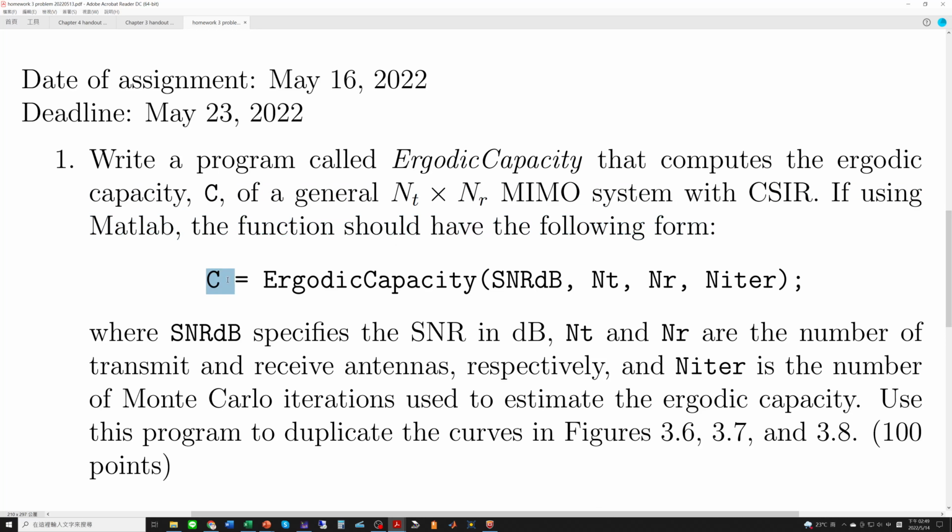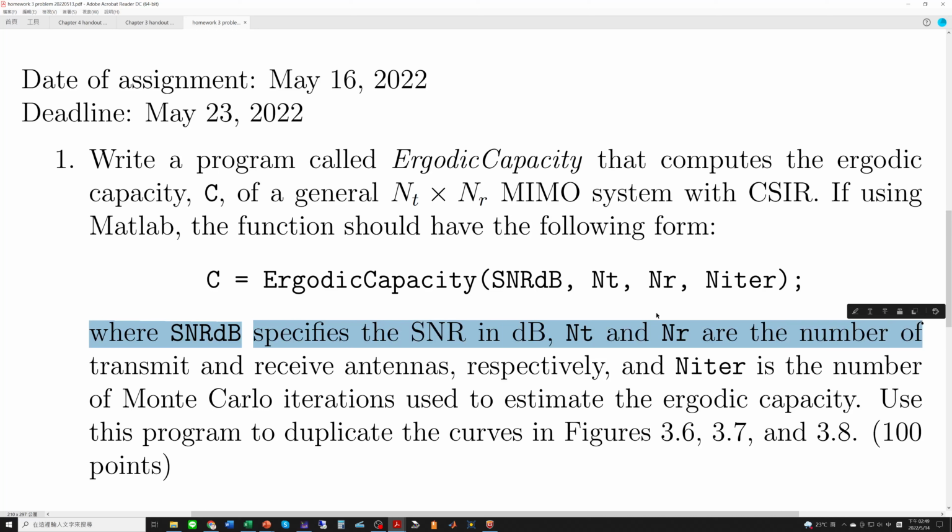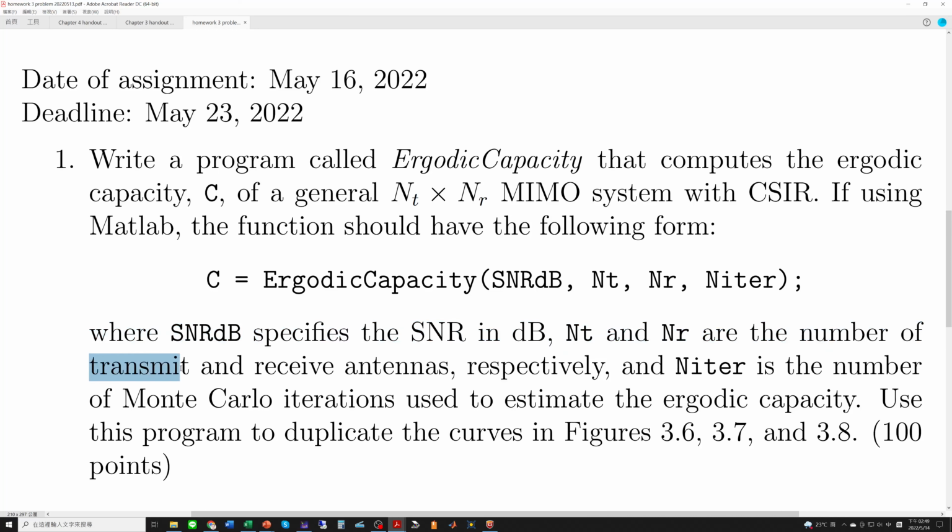C = ergodic_capacity(SNR_dB, NT, NR, NITER), where SNR_dB specifies the SNR in dB, NT and NR are the number of transmit and receive antennas respectively, and NITER is the number of Monte Carlo iterations used to estimate the ergodic capacity.